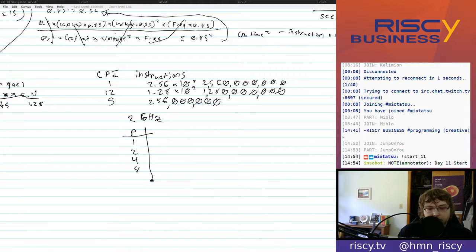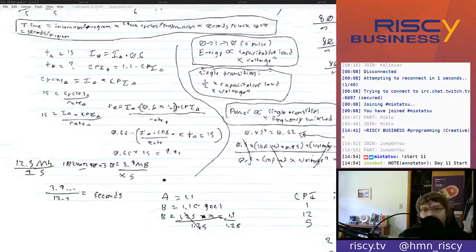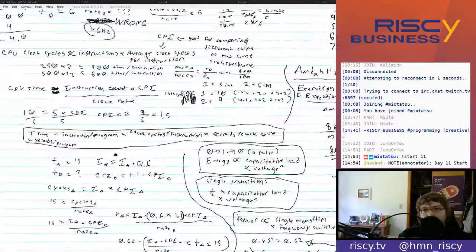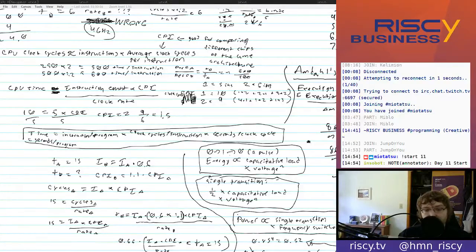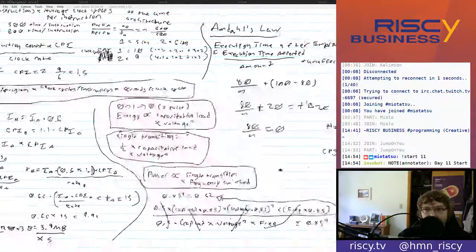For one processor, let's go back to our CPU time equation. CPU time is equal to instruction count times CPI divided by clock rate, and we know all three of those values.